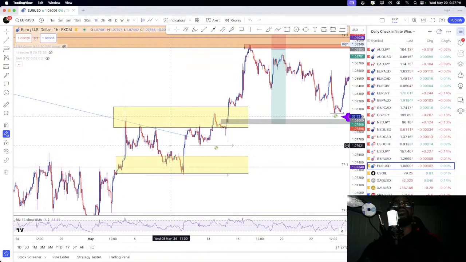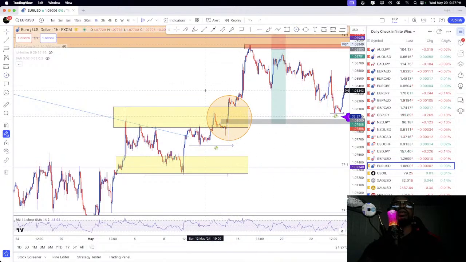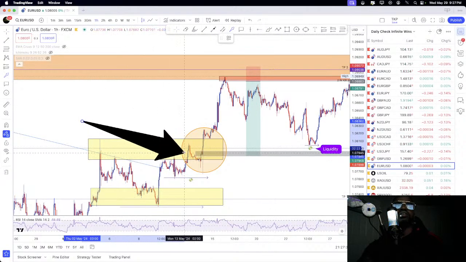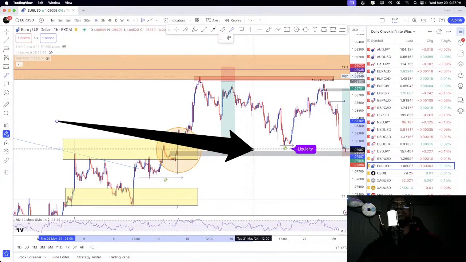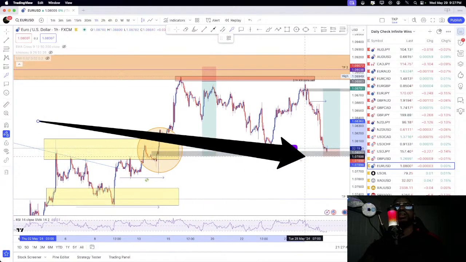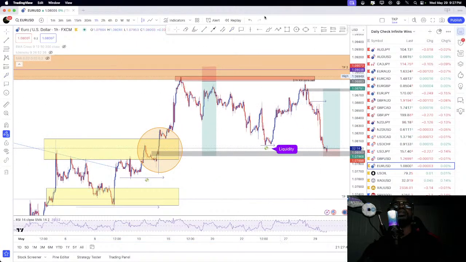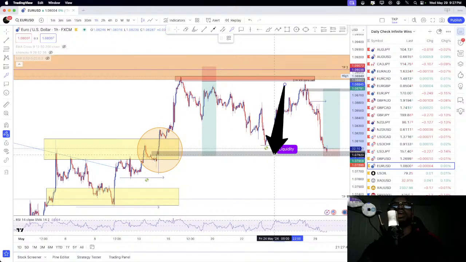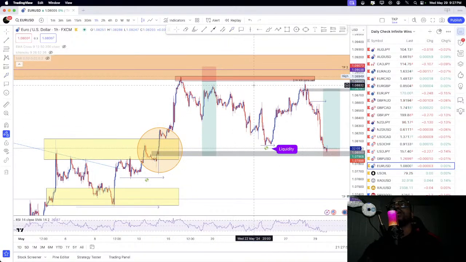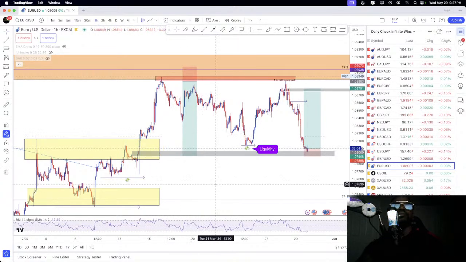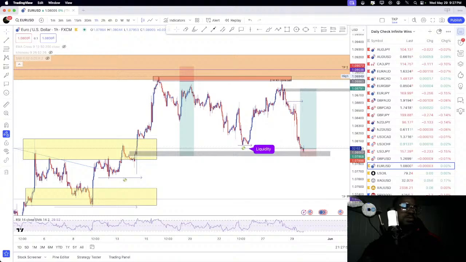Once price broke out of this area and broke through these highs, this area of resistance became support, and now price is retesting it. So if we fail to break beneath, we will see a pullback. We already cleared these lows, but if this low stays intact, we will see a retest of the highs, if not a break of the highs. So that's what we're looking at right now on Euro USD.